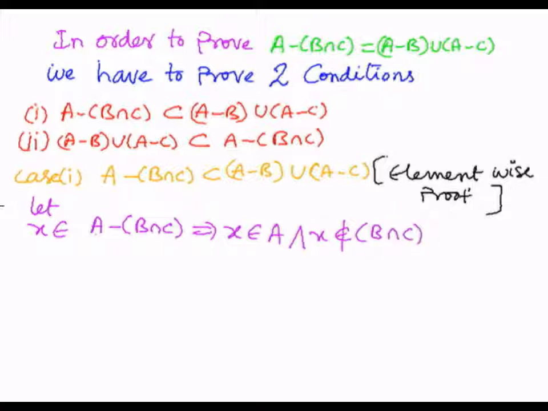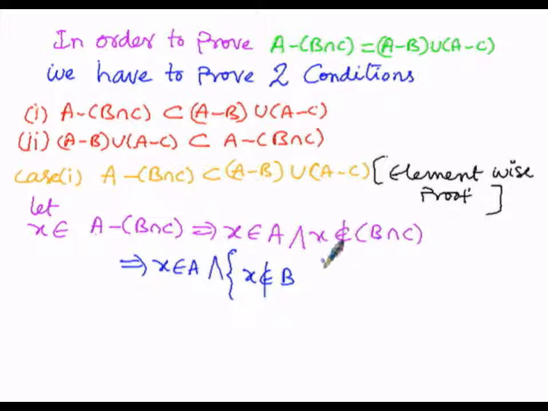Then now the next logical step will be x belongs to A, written as it is, but here I want to elaborate this condition within the brackets. X does not belong to B intersection C can be written as x does not belong to the first set, that is B. Here actually it is B intersection C, and intersection indicates 'and'. Whereas since it is 'does not belong to', if it were 'belongs to' we would have written B and as well as C, but here instead it is 'does not belong to', therefore instead of intersection we will get union.